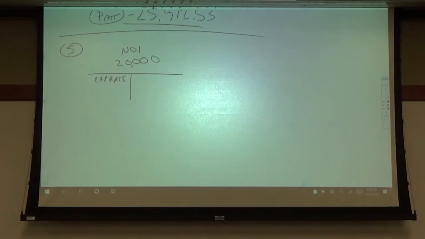Assuming that they can earn 6% annually, what is the value of this perpetuity? So it's basically ERV, okay? So 20,000 divided by 0.06, $333,333.33.